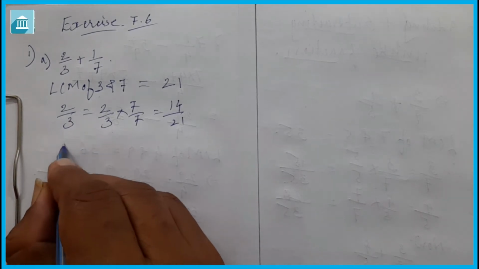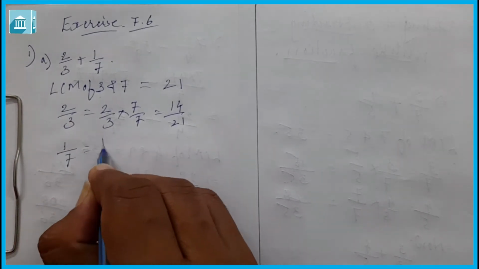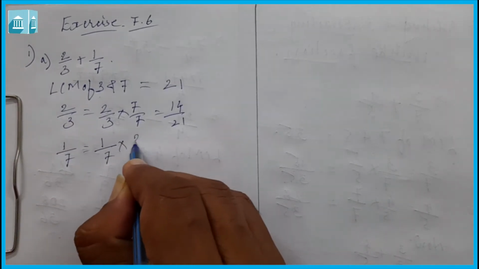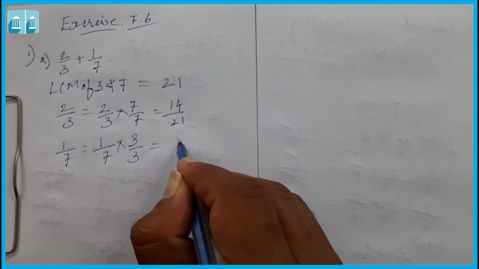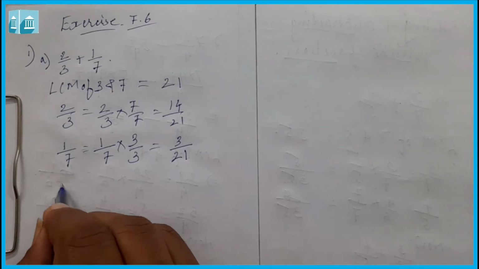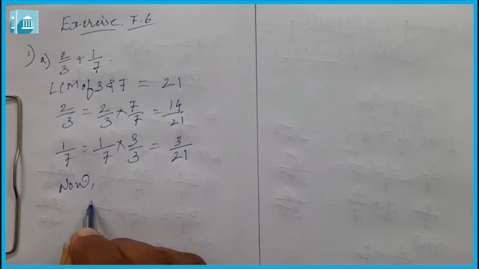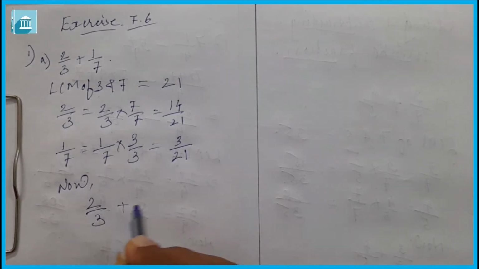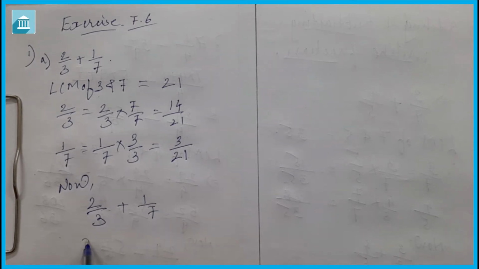In the same way, 1 by 7 is equal to 1 by 7 into 3 upon 3, which is equal to 3 upon 21.